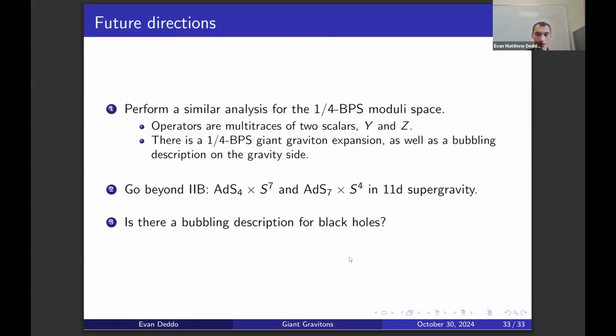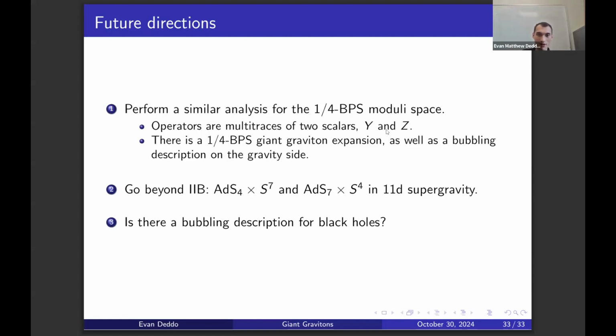And then as far as future directions, as I alluded to, there's also the description of the quarter BPS states. Quarter BPS operators are given by multi-traces of two scalars now. We introduce some Y and allow for traces that have both of these scalars.